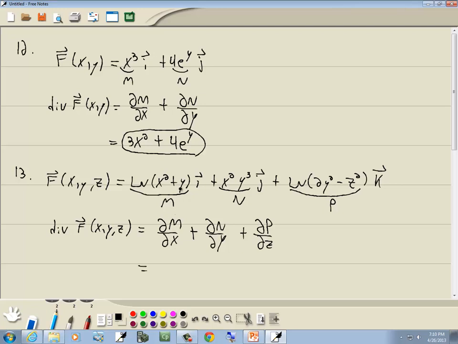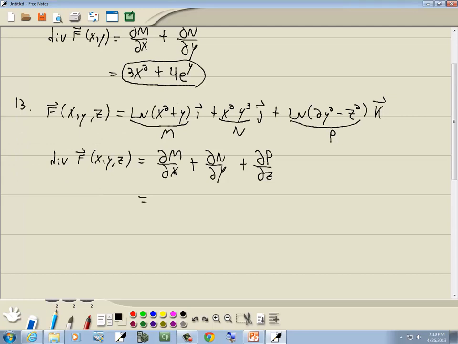Well, the derivative of the natural log of something is 1 over whatever. So we've got 1 over x squared plus y, what's inside the parentheses. But then you have to multiply it times the derivative of what's inside the parentheses with respect to x, because that's what our partial is. So that'd give us 2x. Plus the partial of n with respect to y. Again, the x squared just remains. The derivative of y to the third gives us 3x squared y squared. Plus the partial with respect to z.